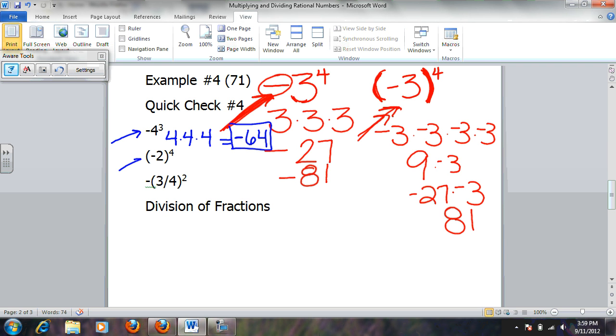This one, the quantity negative 2, or negative 2 times itself 4 times. Negative 2 times negative 2 times negative 2 times negative 2. Negative 2 times negative 2, positive 4. Positive 4 times negative 2, negative 8. Negative 8 times negative 2, positive 16.